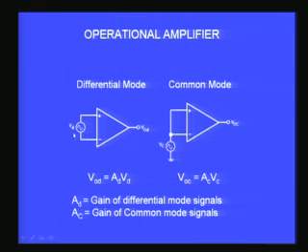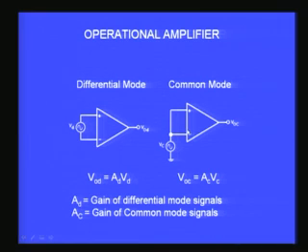In the differential mode of connection, VOD, that is the differential output voltage, is equal to AD, which is called the differential gain, into VD, the input differential voltage you apply in the differential mode. So VOD is equal to AD into VD corresponding to this configuration.